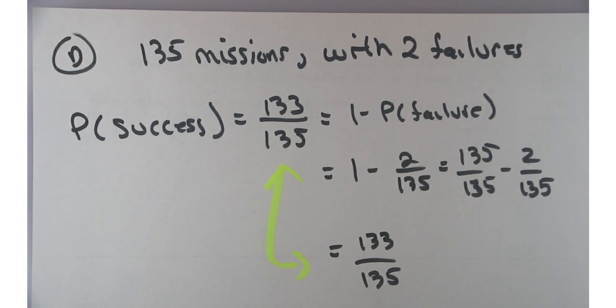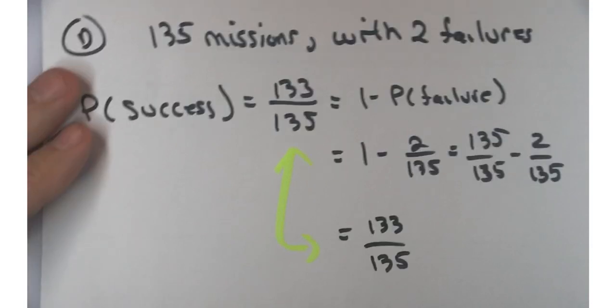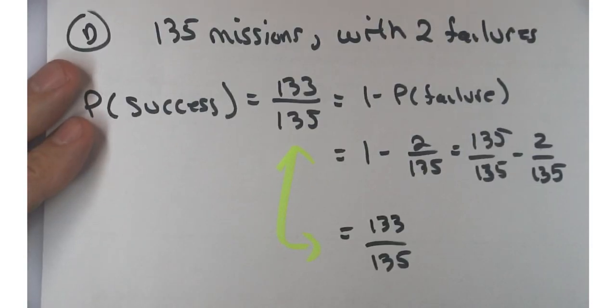There was one last little part to this problem, and that is, let's find the odds for a successful flight. So the odds, and by that I mean A to B, for a successful flight.